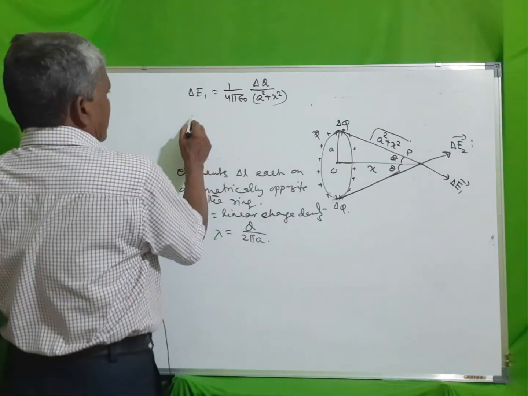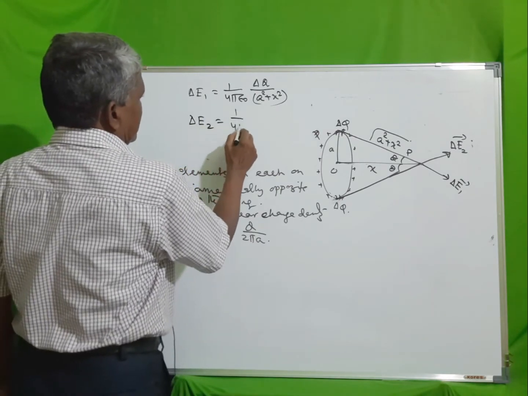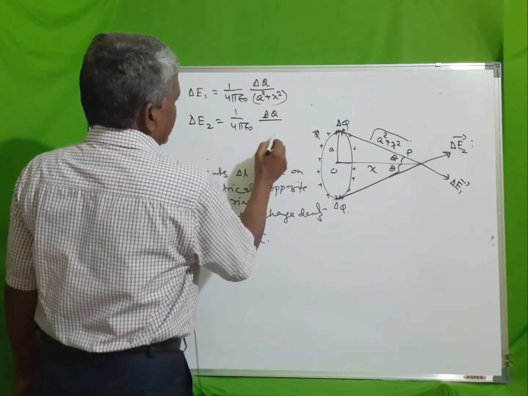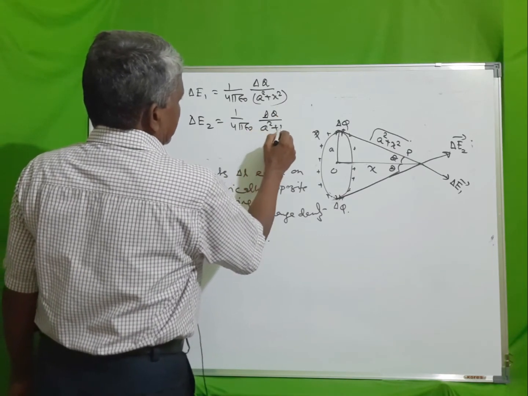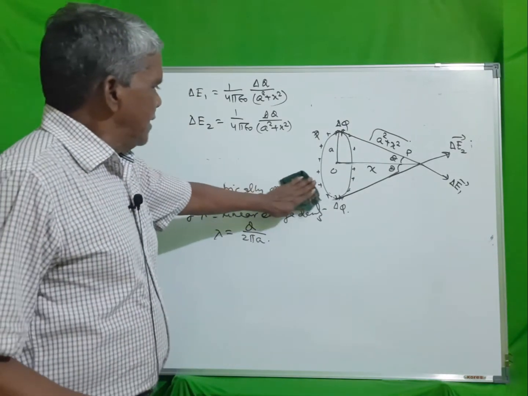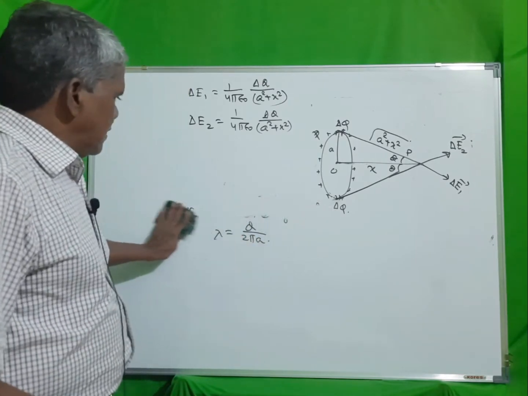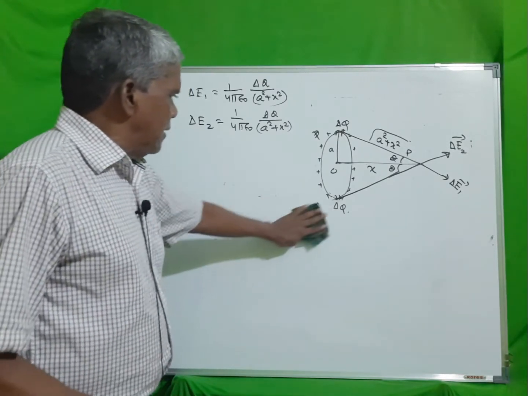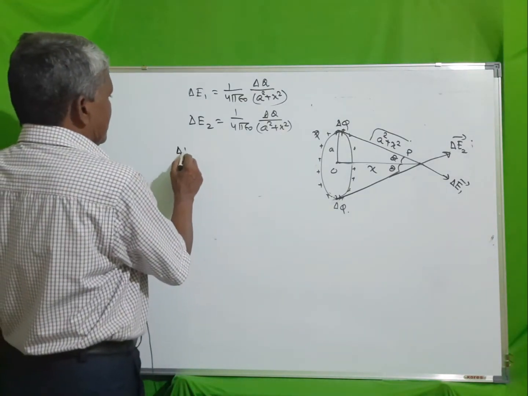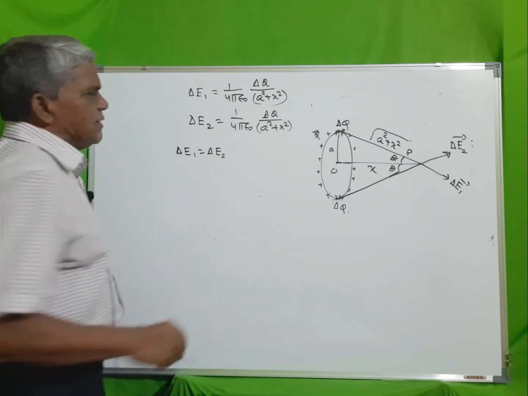Similarly, delta E2 is also 1 by 4 pi epsilon 0 delta Q by a square plus x square. It is observed that delta E1 and delta E2 are the same in magnitude.